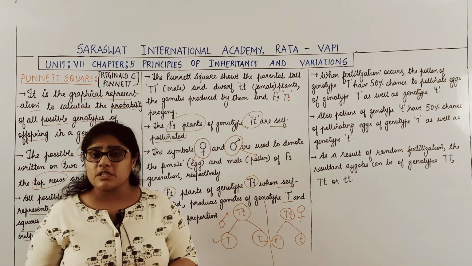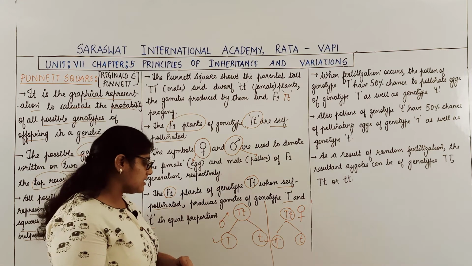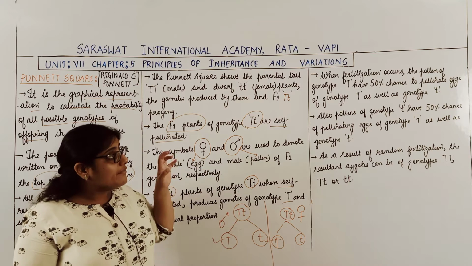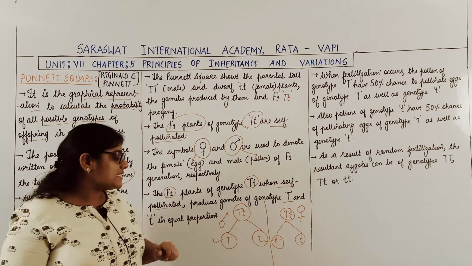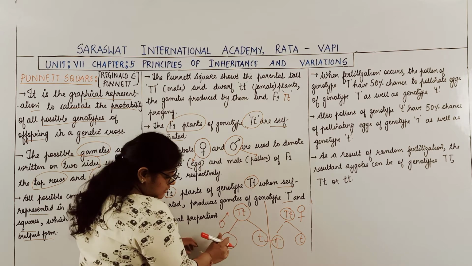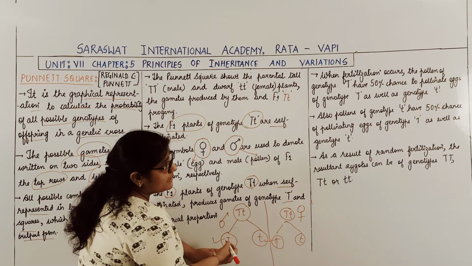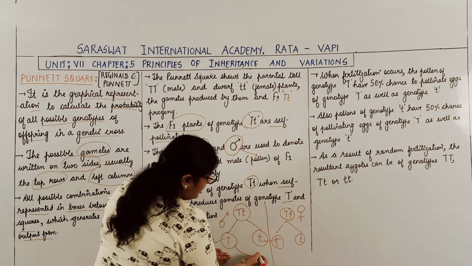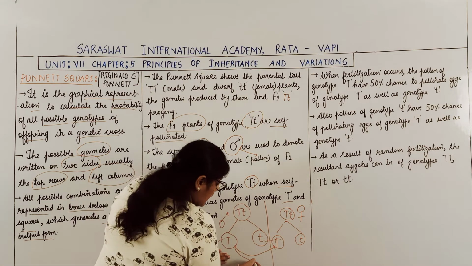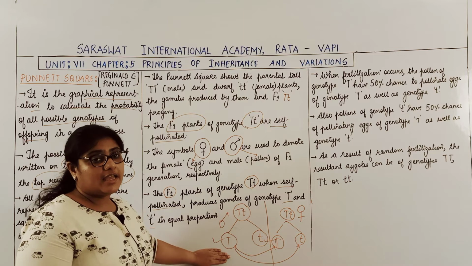After the formation of gametes, fertilization occurs. When fertilization takes place, the pollen of genotype capital T has a 50% chance to pollinate the egg of capital T, as well as a 50% chance to pollinate the eggs of small t.